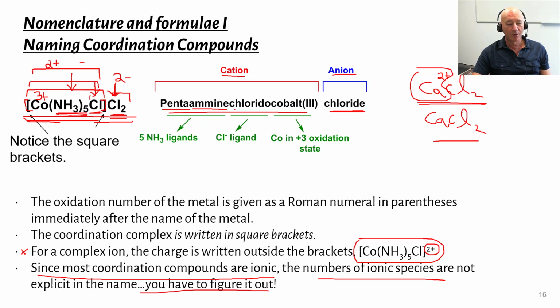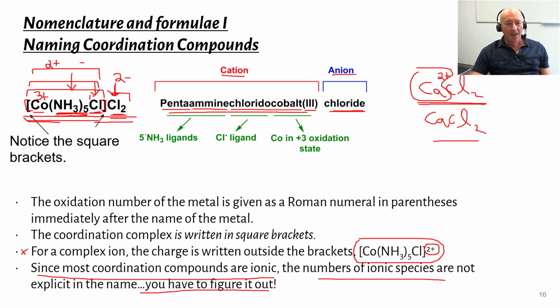Then the chloride, in this case, the convention is it's called chlorido. And then you name the metal ion. In this case, it's cobalt. Then you give the oxidation state for the ion. In this case, it's cobalt(III).